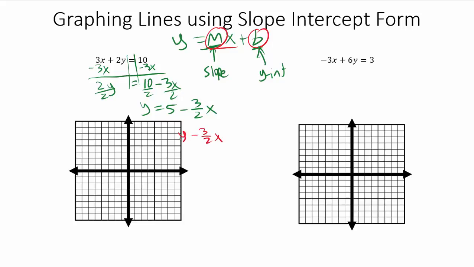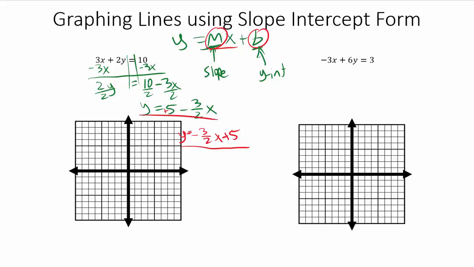I'm going to put y equals negative 3 over 2x plus, and since that 5 is positive, I'm going to put a plus 5. It's good to understand that these are actually the same line, but a way you would probably see this on a multiple choice test is as y equals negative 3 over 2x plus 5.